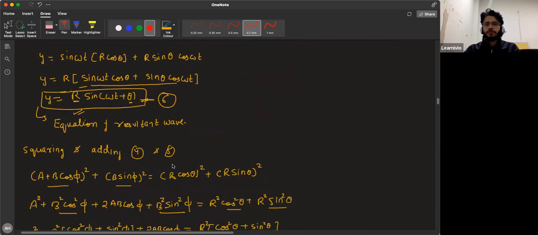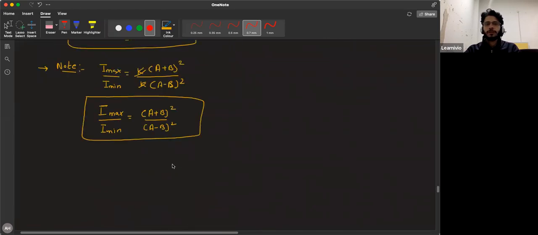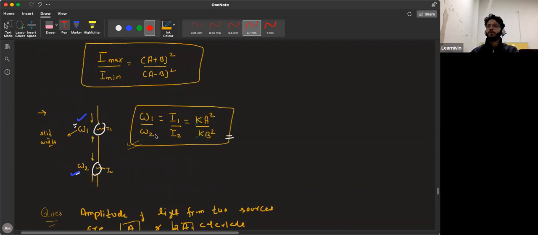So there is a relation between the slit width and the intensity of light passing through it, and that relation is this: slit width W1 by W2 is equal to I1 by I2, the intensity of light, which is equal to K a square by K b square. So K will cancel out, a square by b square.